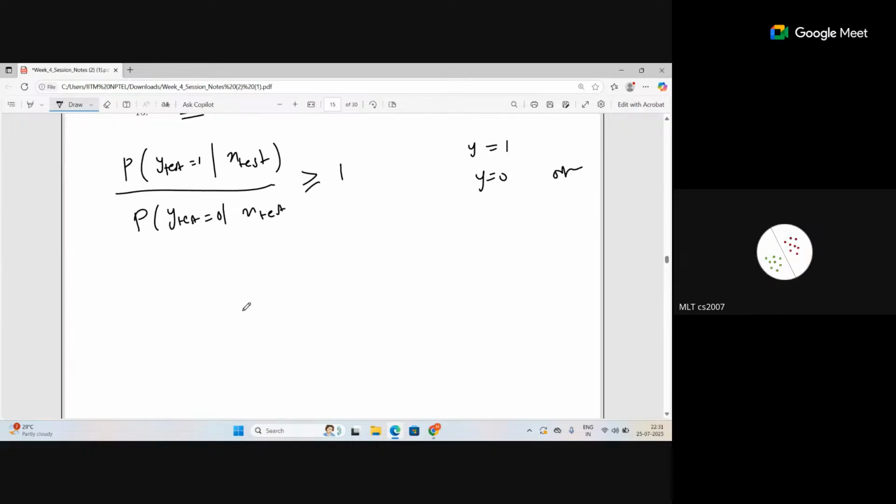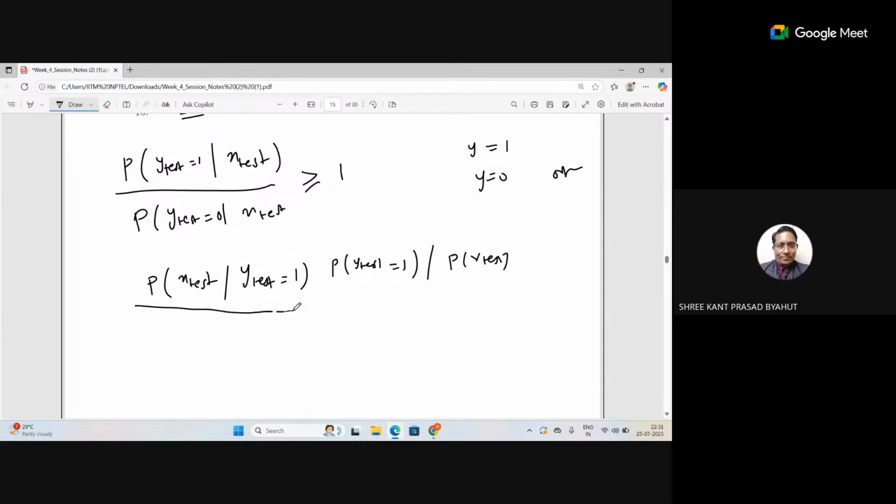So what is the numerator part? It is probability of x test given y test equal to 1, into probability of y test equal to 1, divided by probability of x test.